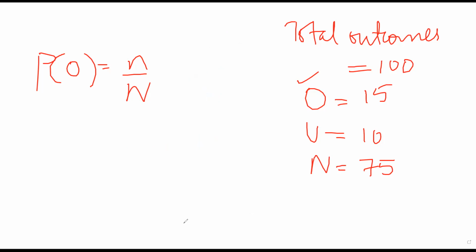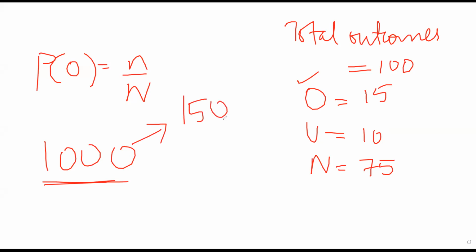See, in this question that I just told you, let us suppose you are working in Yashoda Hospital. For example, in Yashoda Hospital, let us suppose every day there are 1000 babies being born. Out of those 1000 babies, let us suppose there are 150 babies which are overweight.